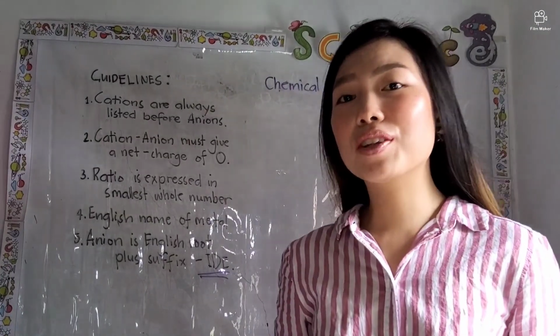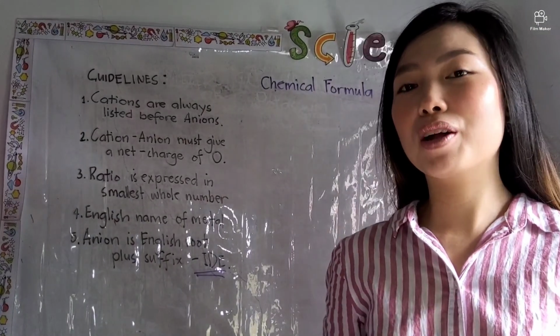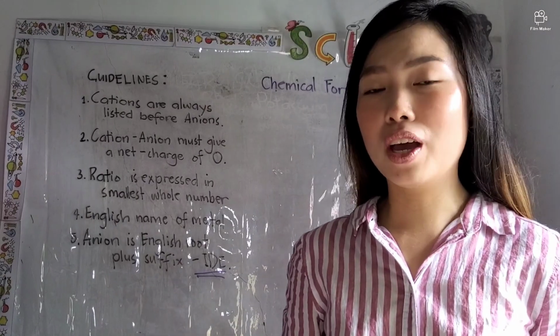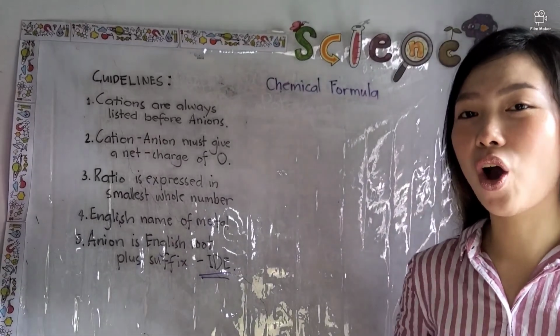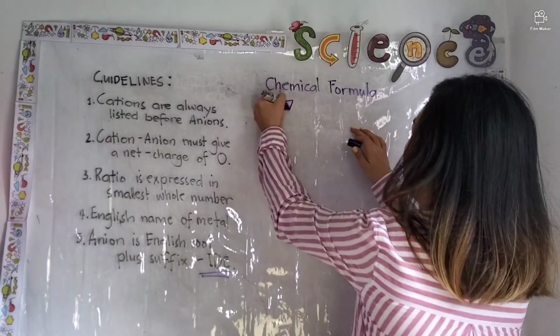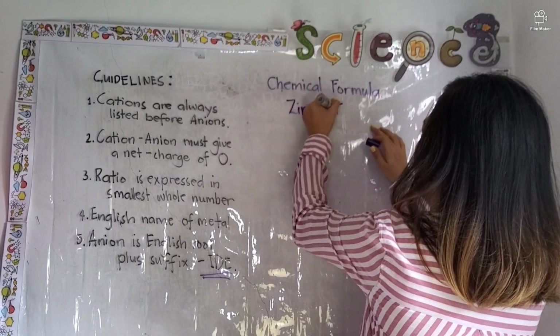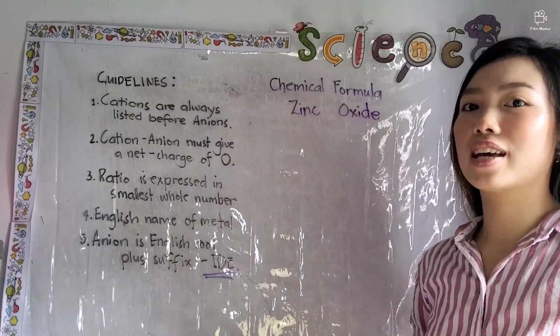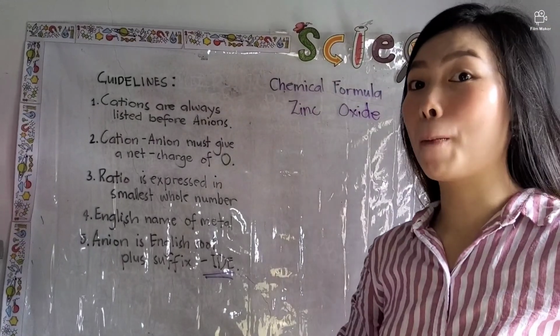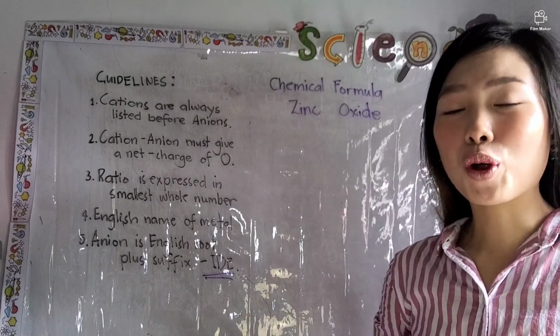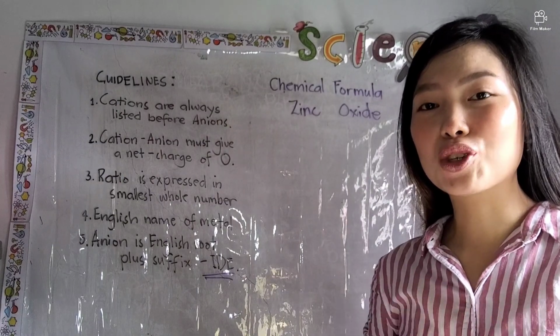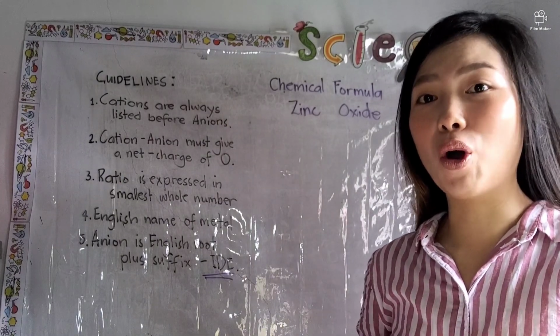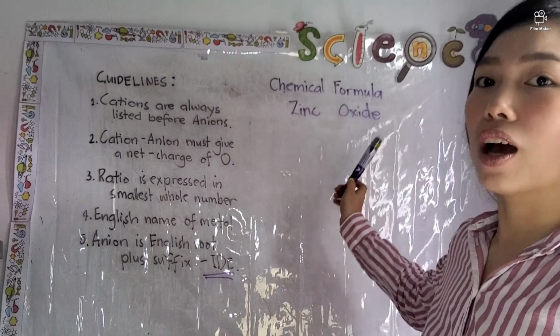Okay, so let us have another example in writing a chemical formula of a compound. So for example, I have zinc oxide. This is now an ionic compound, and we will form its chemical formula and show the ions of zinc and oxide.